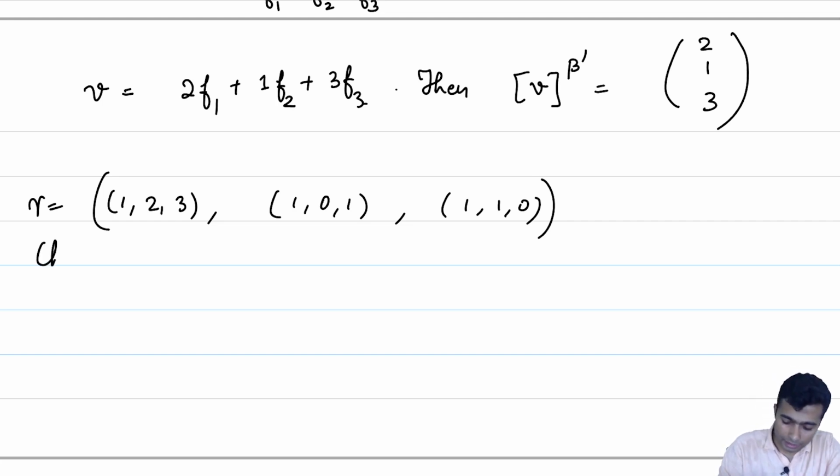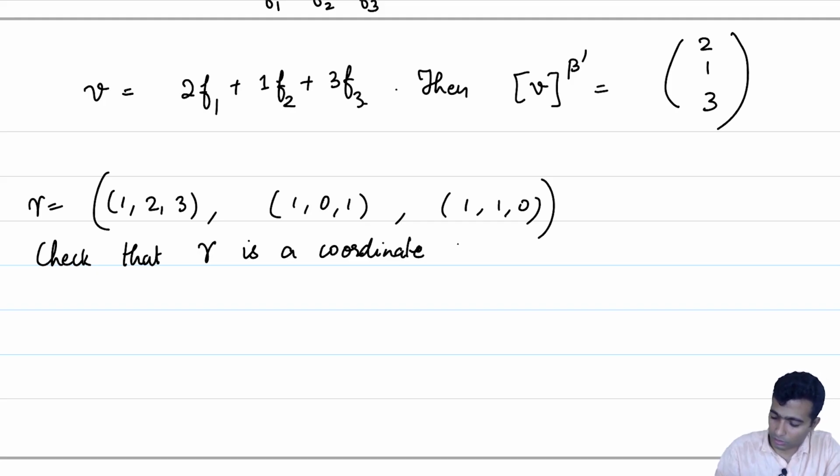Then check that gamma is a coordinate basis, not just a basis, not just a spanning set, it is also linearly independent. It is not needed to check both, because it is a set which contains 3 elements in a dimension 3 vector space, and therefore, if it is either linearly independent or a spanning set, it will be a basis because the other will be naturally satisfied then. Right.